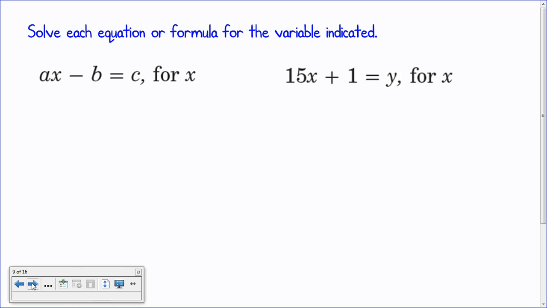Tommy, did you have a question? Where do you start? How do you start problem one? Identify the variable that they want you to isolate. So what can you do first?